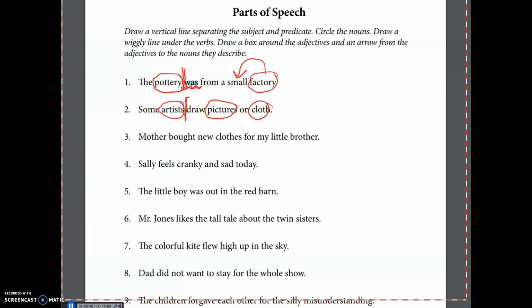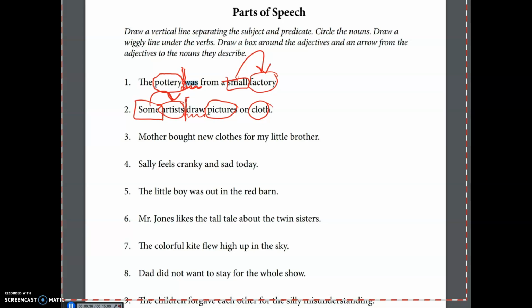And then our verb is to draw. That's our action word. And we do have one adjective that we'll do a square around and point to our noun. And I actually should have done this one the other way. Sorry. Done a box around the adjective and point to the noun that it's describing.